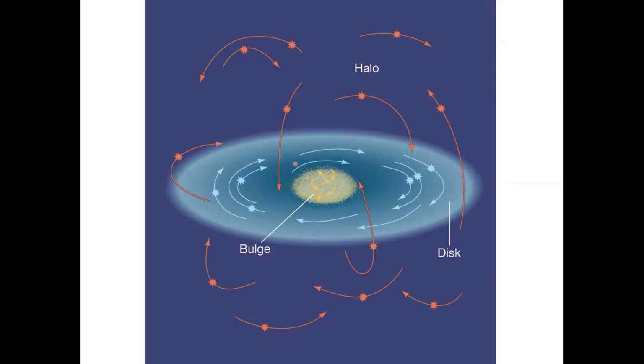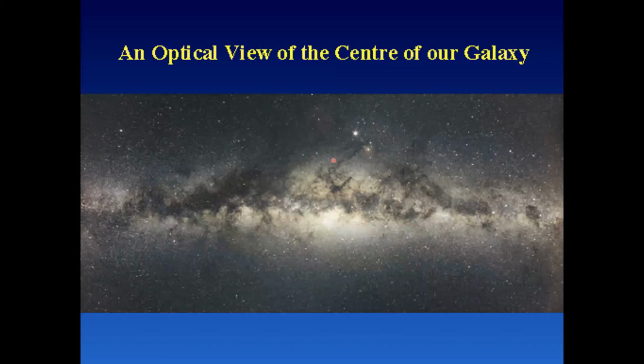And you can see that they are not in order: some of the directions are this way and some go here, like that. The same situation applies to the bulge as well. However, if you look at the disk in this light blue color, the stars are moving in a certain order around the galaxy, right?